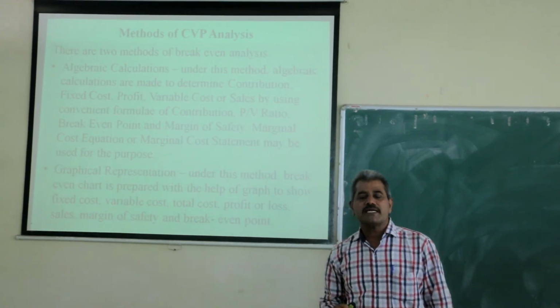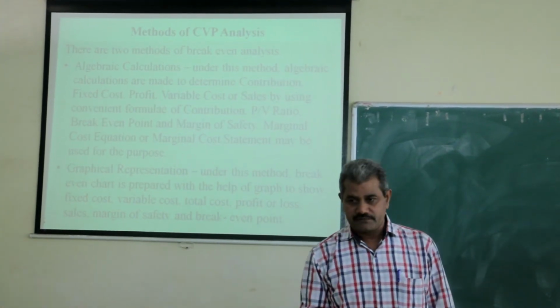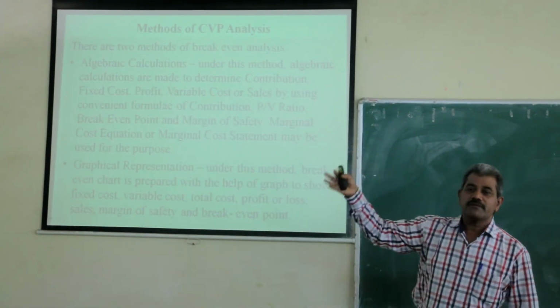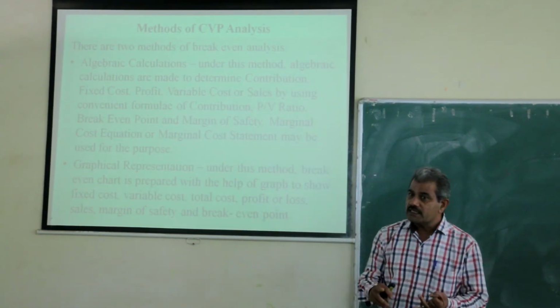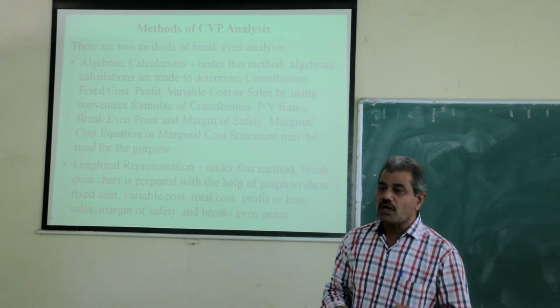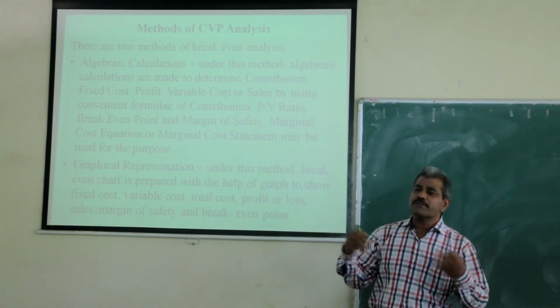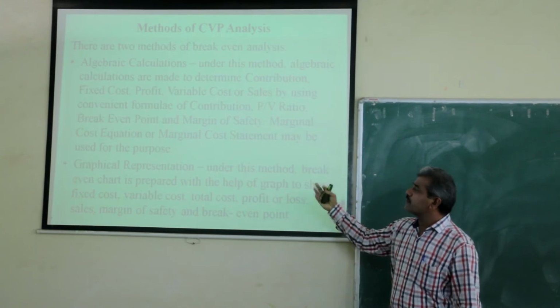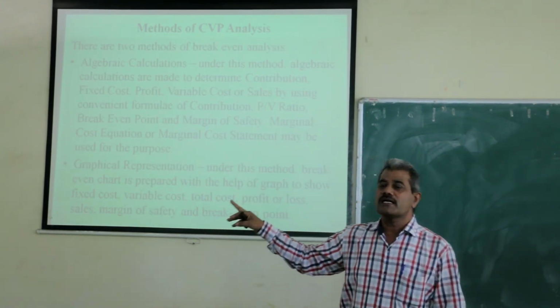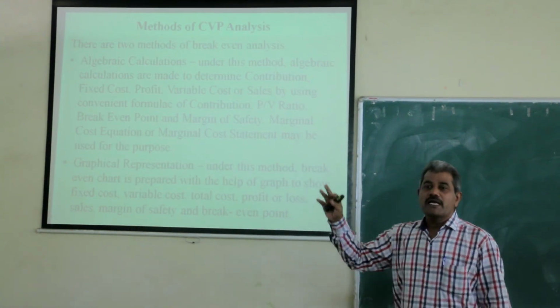And the second method is the graphical method. When we put all the data related to sales, total cost, fixed cost, variable cost and profit on graph paper, it is called graphical representation.